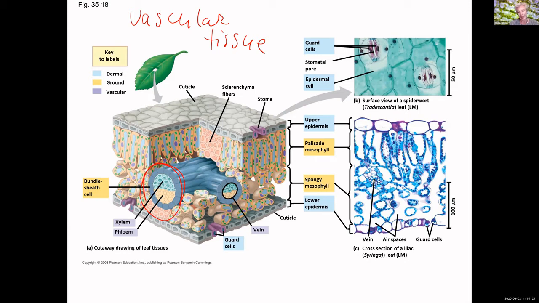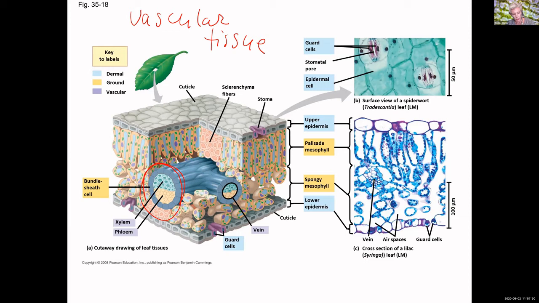So we already looked at vascular tissue when we did our lab last week as an example of looking at what's inside of a cross-section. I want to draw your attention to another structure on the leaf. So this is a picture of a leaf. It's going to have this vascular tissue going through it. We want to focus on what either a cross-section or a longitudinal section through the leaf is going to show us.